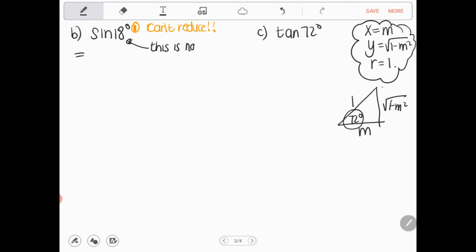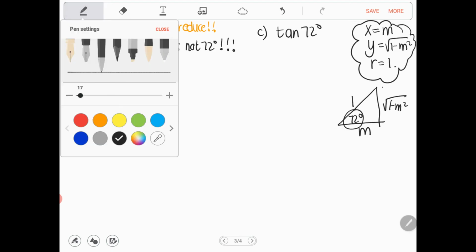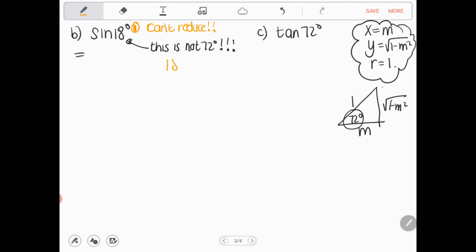This is not 72. So I can't use my diagram to help me replace the sine of 18 unless I can find a relationship between 18 and 72. What do you know about 18 and 72? They add up to 90. So I can use a co-ratio.